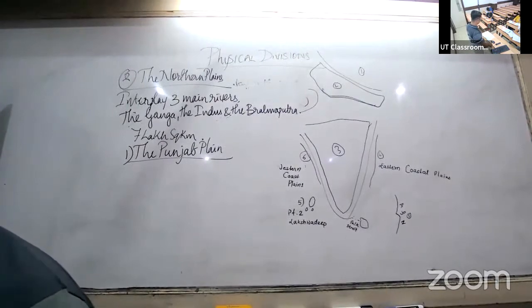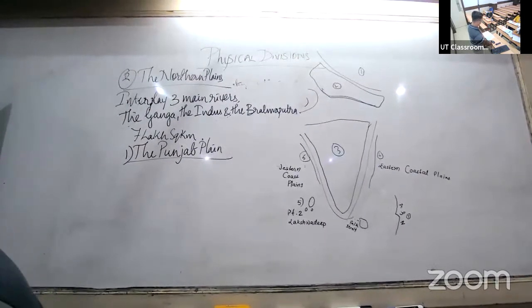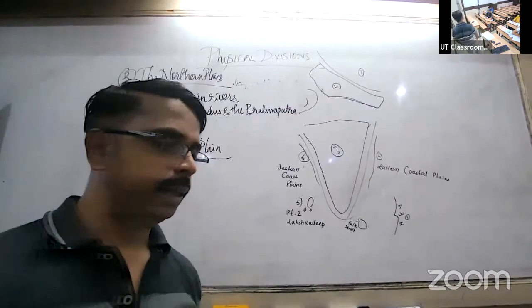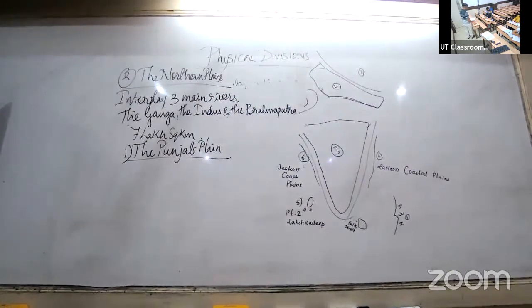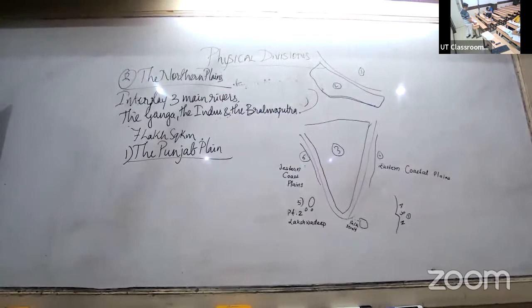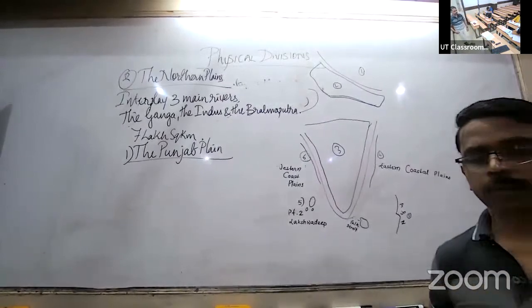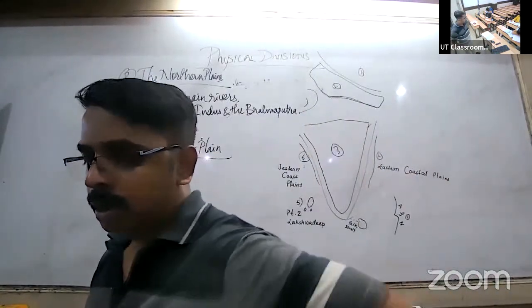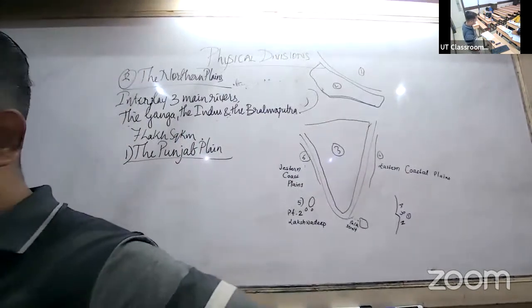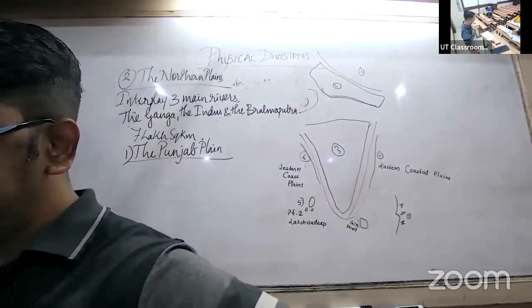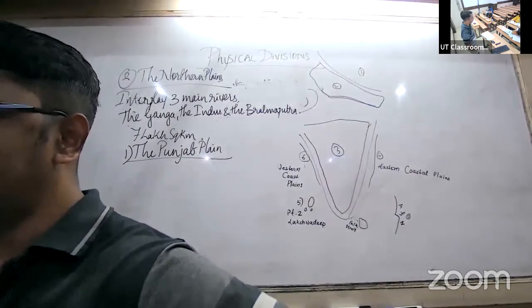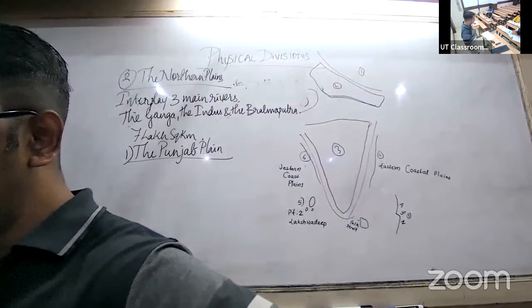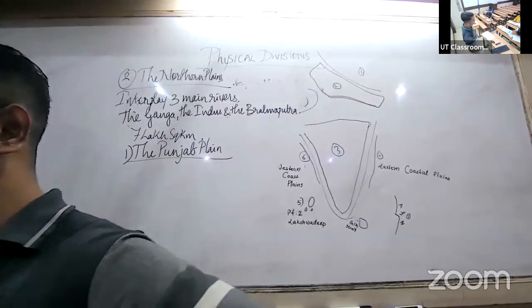It forms the western part of the northern plains, and is formed by river Indus and its tributaries.